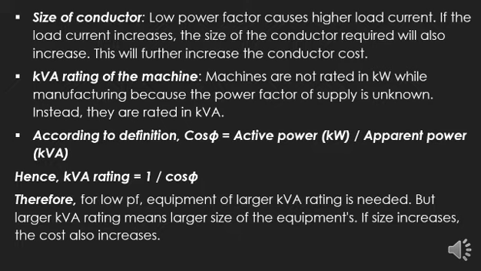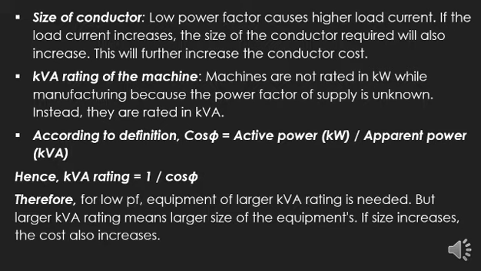So considering the size of the conductor, the effect of the low power factor is higher load current. If the load current increases, the size of the conductor required will also increase. This will further increase the conductor cost.